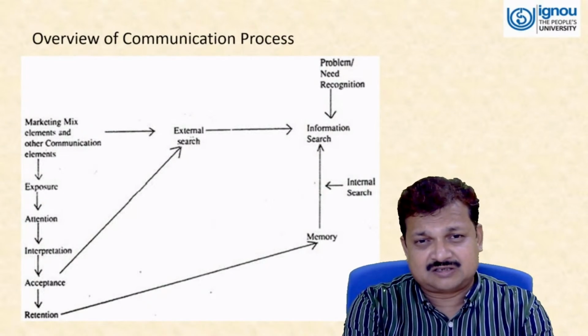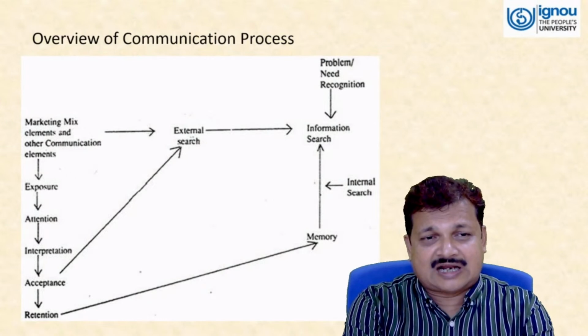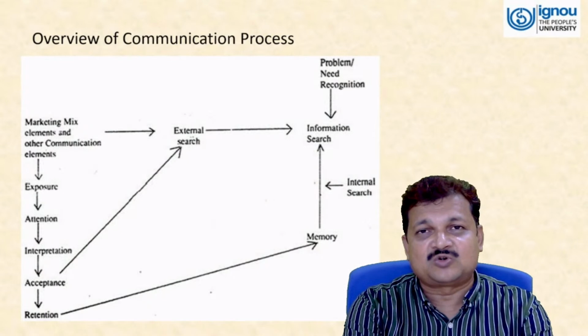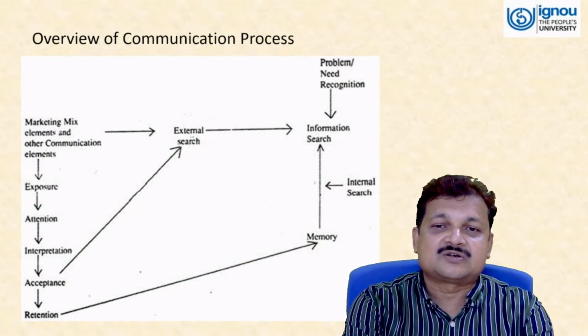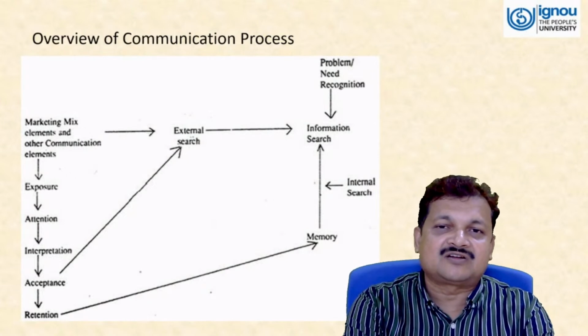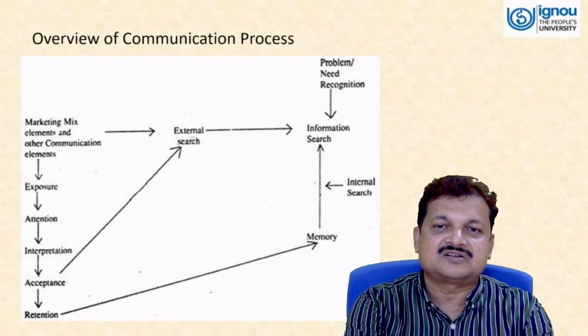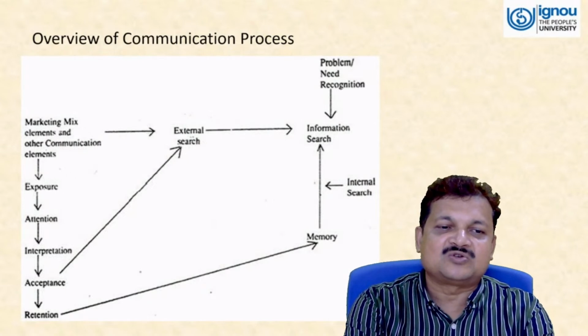The evoked set is the highly prioritized brands, the good brands to purchase, where we can take decisions. When we are searching for any brand or product, we always search for the evoked set, the brands we have already evaluated very well, which remain in our evoked set. So first we need to do the internal search, which goes to the memory.